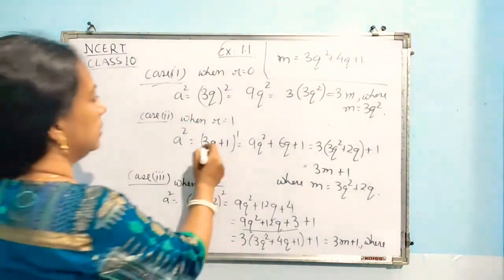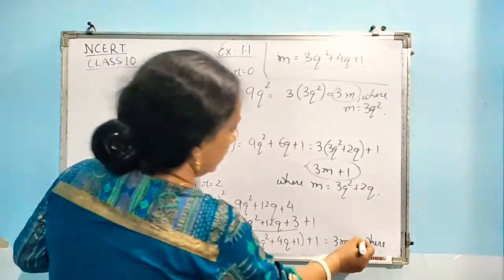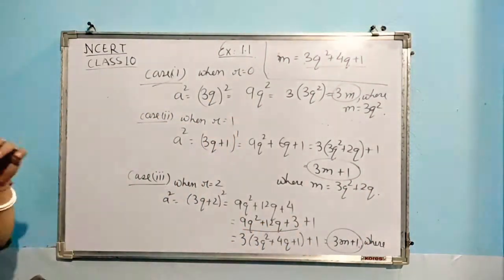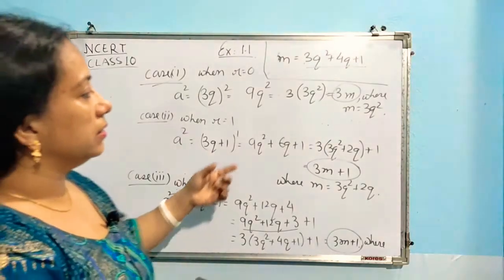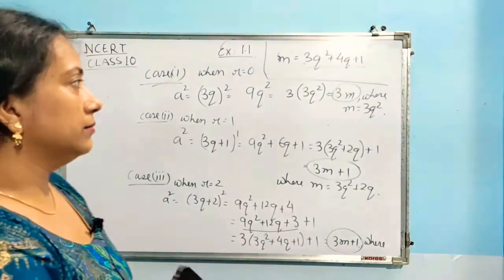So here in the first place we have expressed this in the form 3m, here 3m plus 1, here again 3m plus 1. So ultimately what we have got is that the square of any positive integer is either in the form 3m or 3m plus 1. Done.